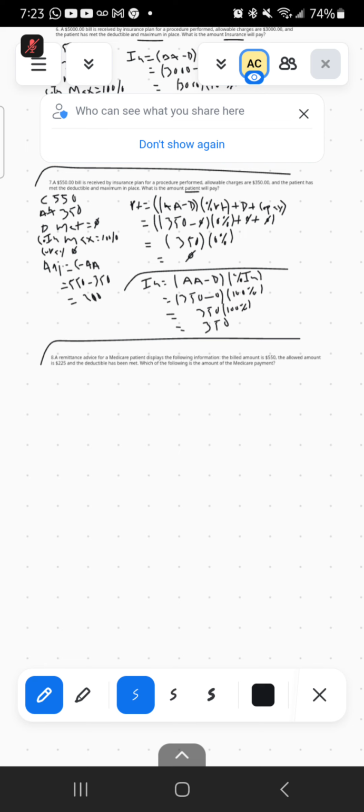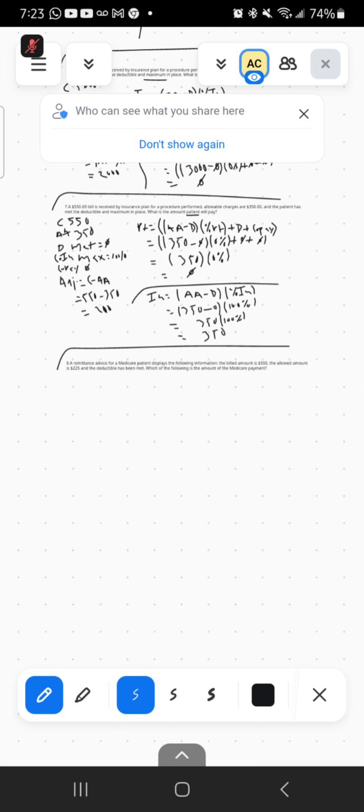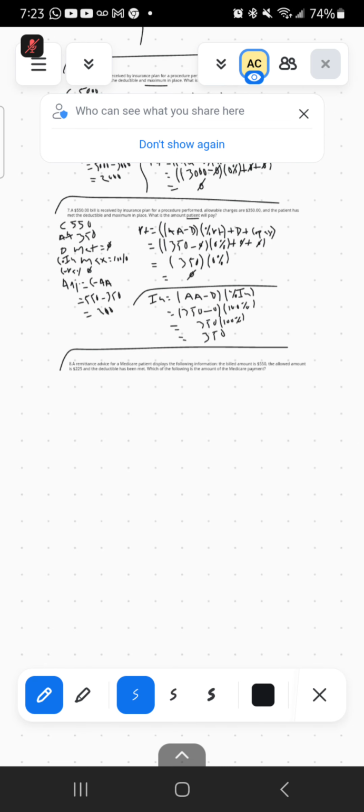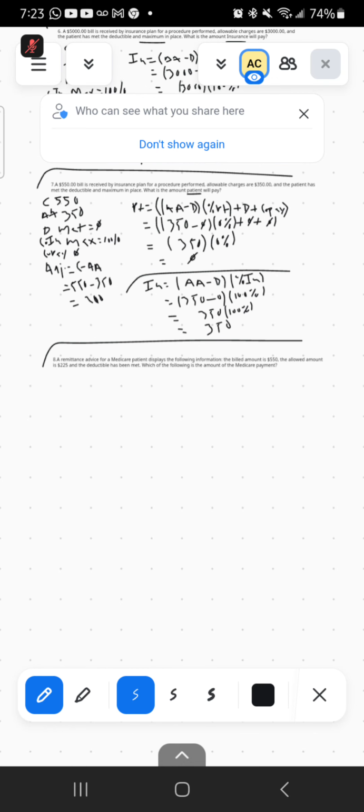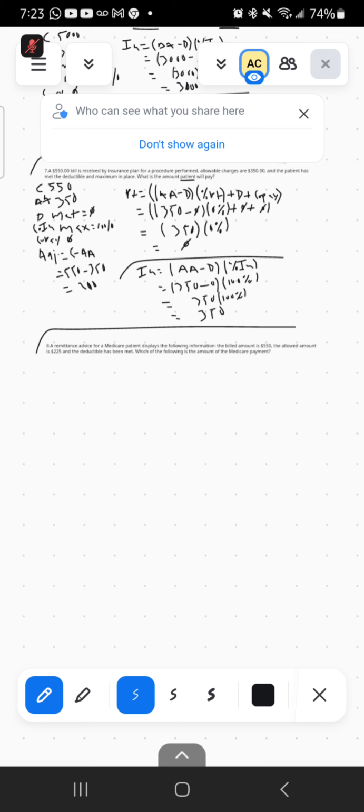Number 8. So you go to number 8 and you read it, and it's a question about numbers. So you do your little table: check amount, deductible, co-insurance, co-payment, and adjustment.